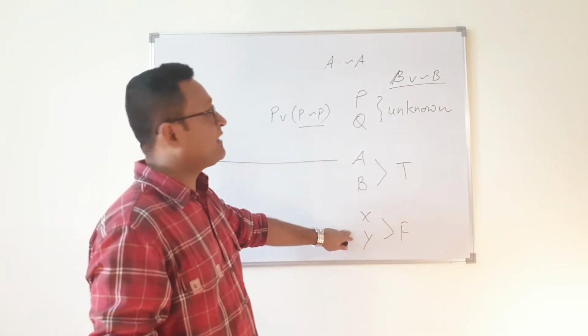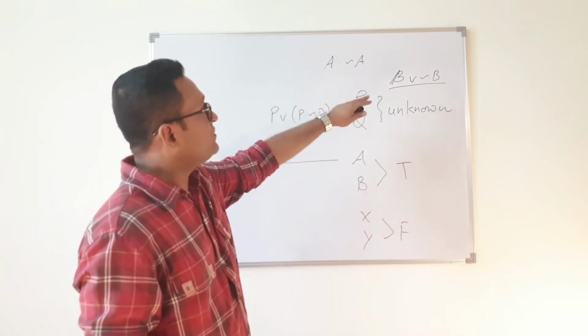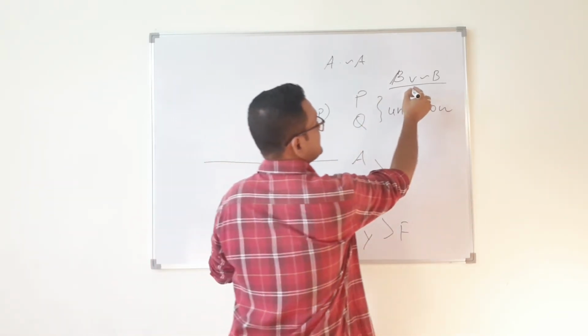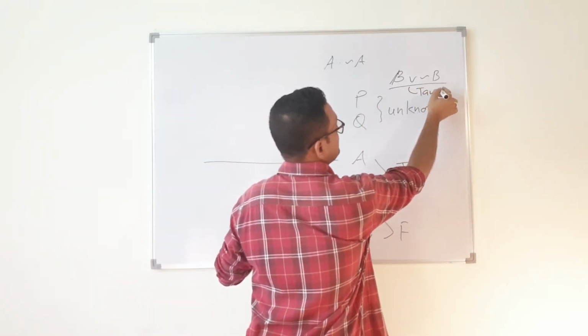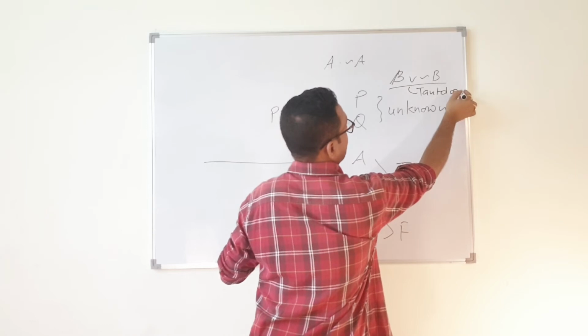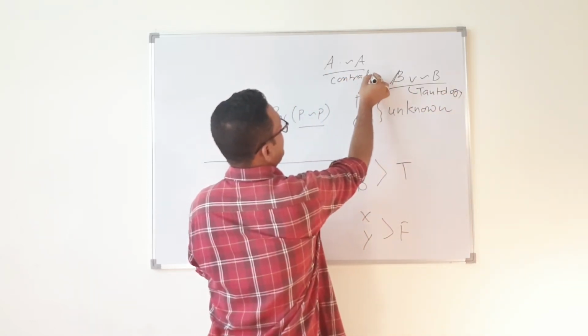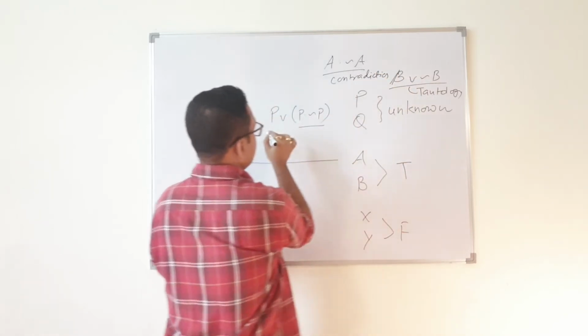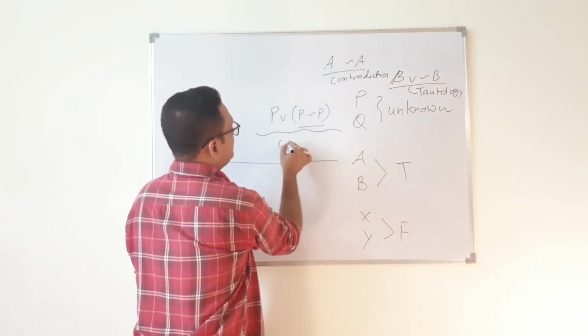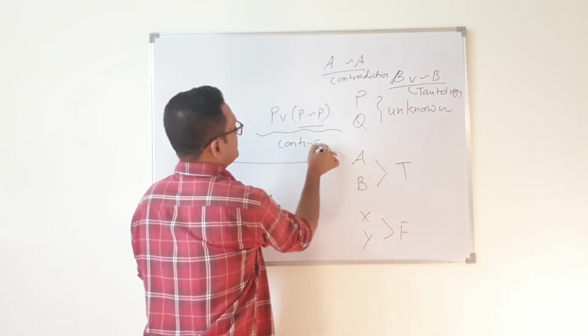Or suppose it would have been X or Y. So you need to understand that this expression is a tautology. This expression is a contradiction. And an expression like this is going to be a contingent proposition.